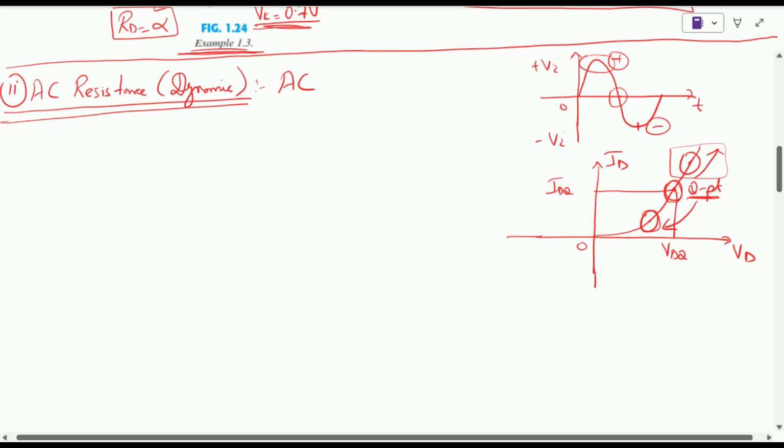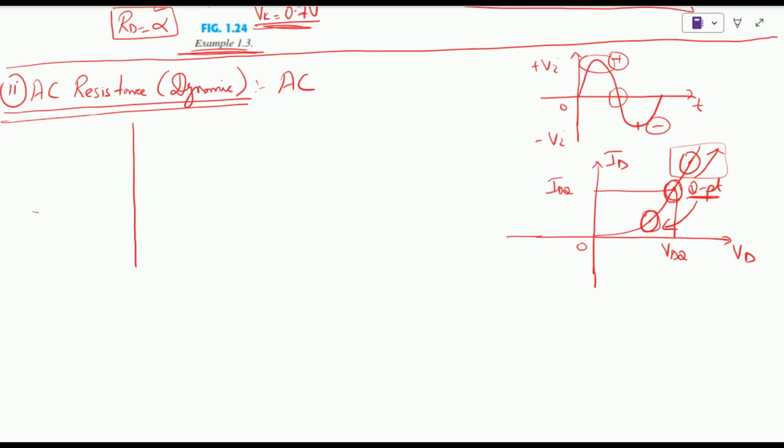So in order to understand this better in terms of the AC resistance, let us see what happens to the characteristic curve and how this Q point is moving. Let me draw this characteristic curve again, and let us figure out how the Q point is moving between the voltage and current graph. So let us say this is our curve and this is the graph that we have.